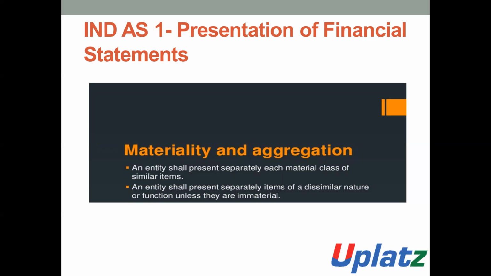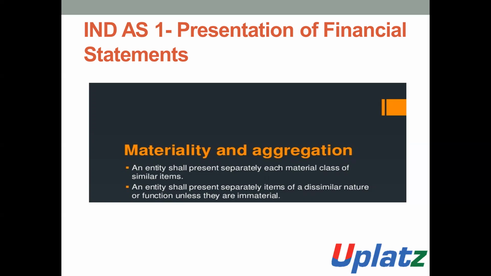What is the meaning of materiality and aggregation? An entity shall present separately each material class of similar items. That is, when there is any material class of items, then the entity will present it separately.